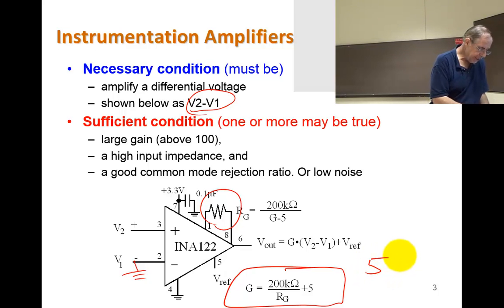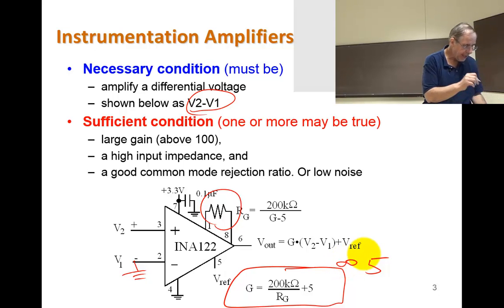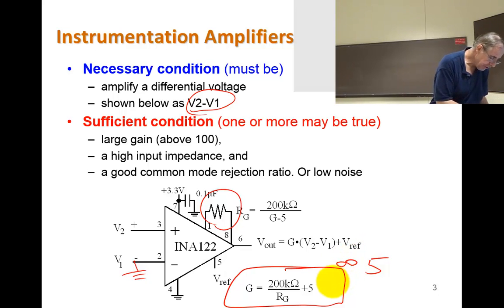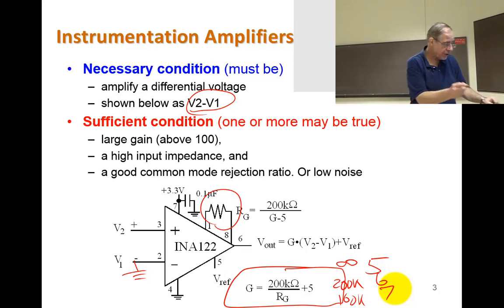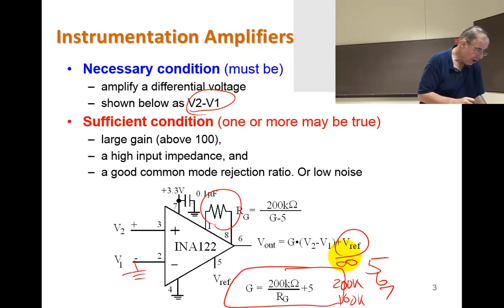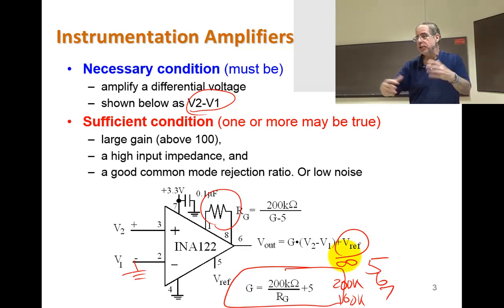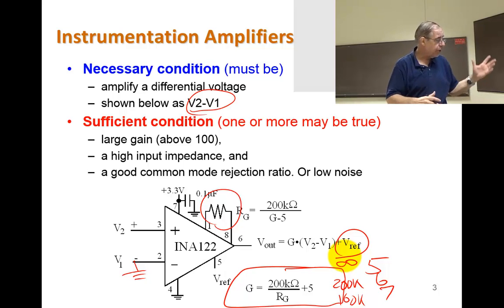If you put in a resistor of 200K, you'll see that it'll have a gain of 6. If you put in 100K, it'll have a gain of 7, that kind of thing. So you can adjust the gain of this by choosing that resistor. It also has an offset if you want, and in some of the circuits we'll use it. In Lab 9, we're going to ground it.